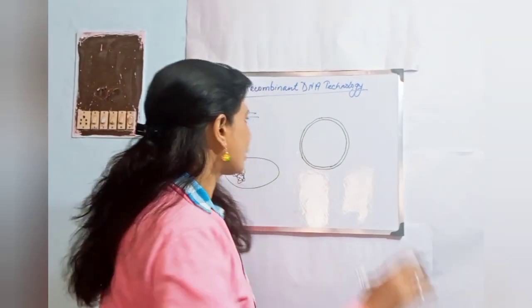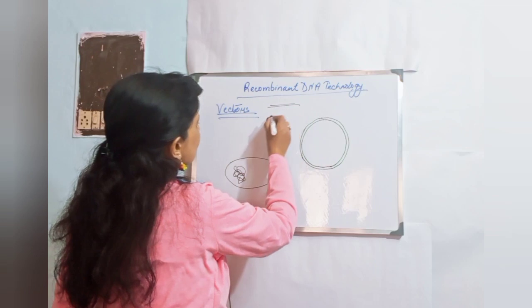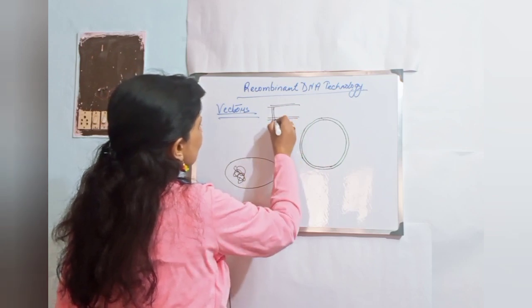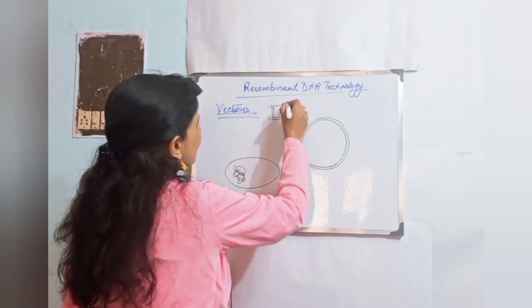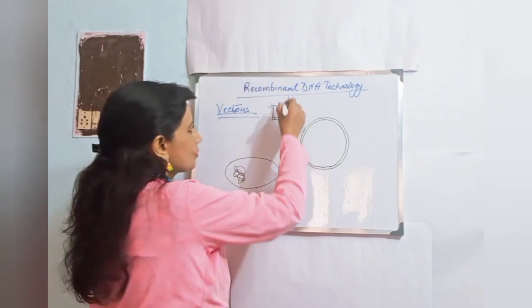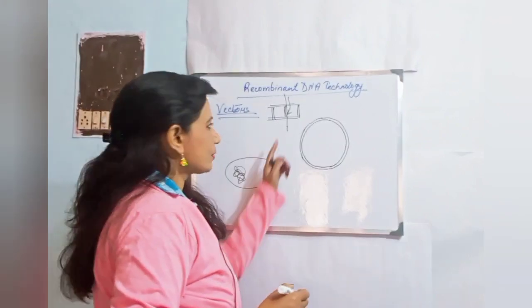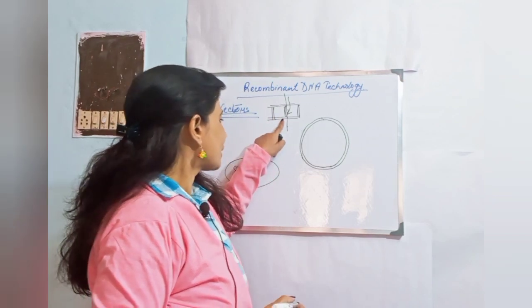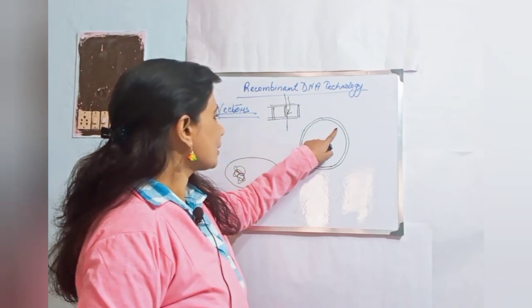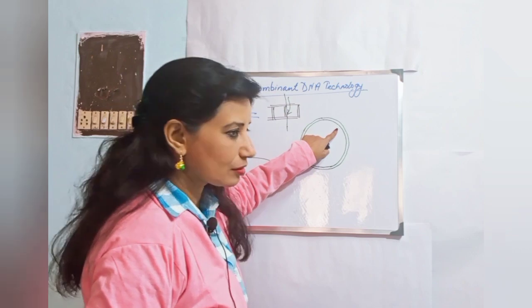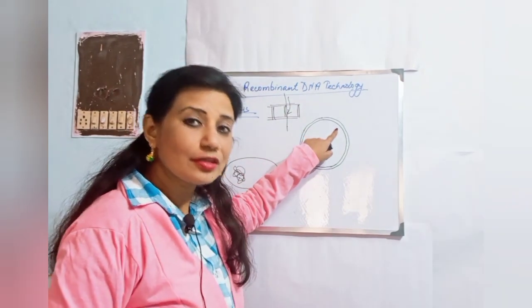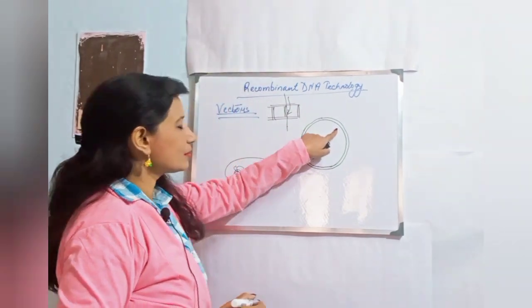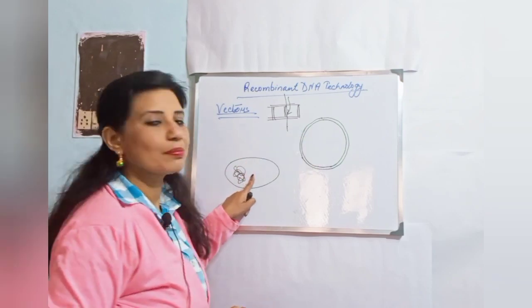From somewhere else this gene of interest was over here. It has to be cleaved at a particular point, say over here. The cleavage has to take place by the restriction enzyme endonuclease. After cleaving, it will be attached to this vector, which will be a carrier for me to carry the gene of interest into this bacterial cell.